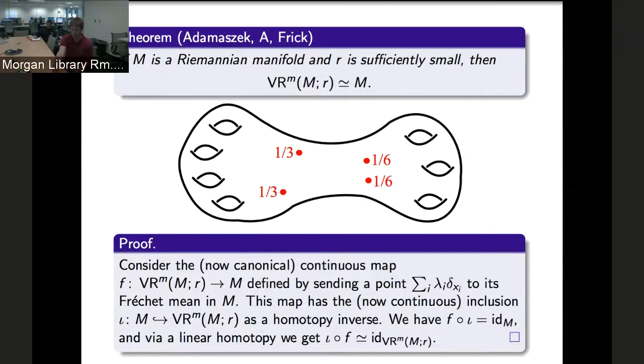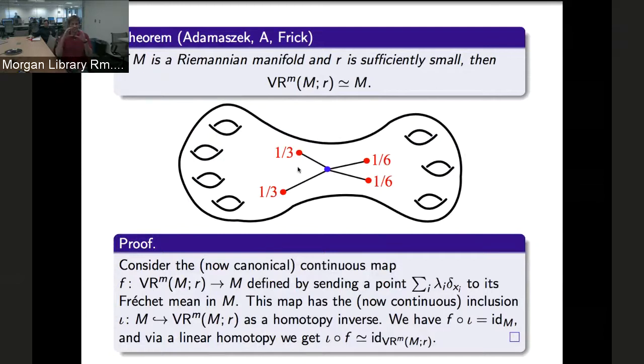And a Frechet mean is a blue point in the manifold that minimizes the weighted sum of squared distances to all these red points. So I'm finding the best blue point that minimizes the sum of weighted squared distances to all of the red points. The weightings are just given by the masses assigned to each red point.